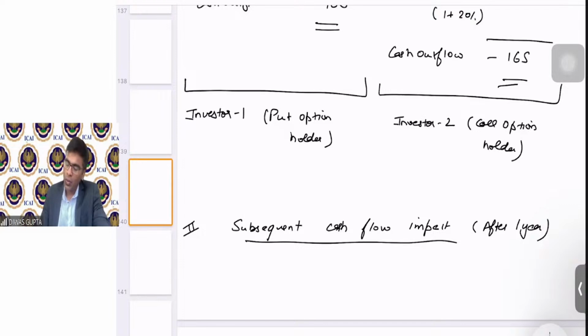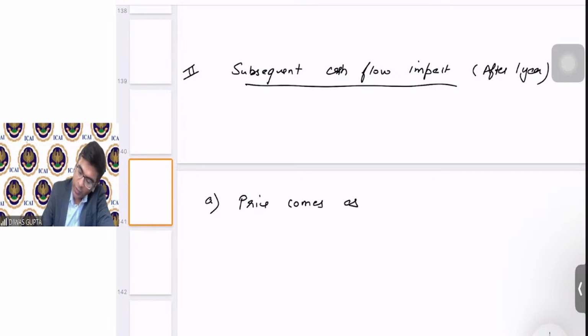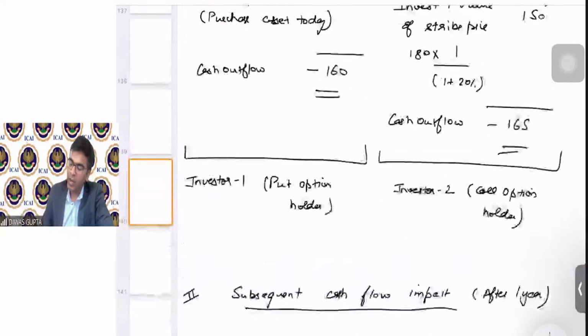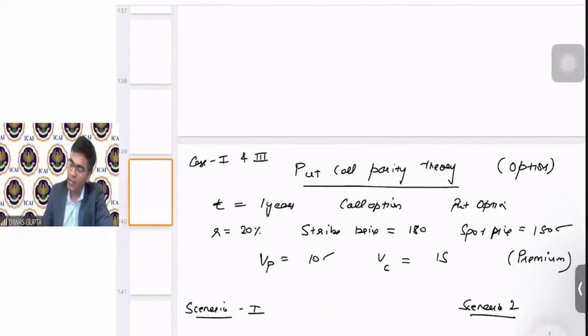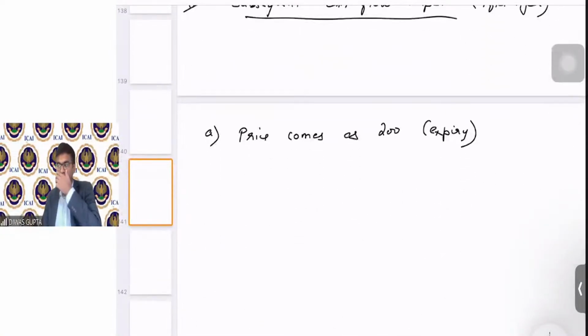Subsequent cash flow impact after 1 year. Let's take first of all an example that the price comes as, let's say, 200. We will take multiple examples and then we will prove, right? On expiry, the price comes as 200 from the current price of 150. It can happen.